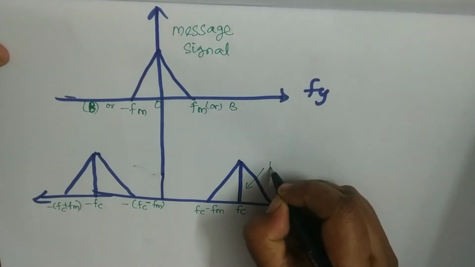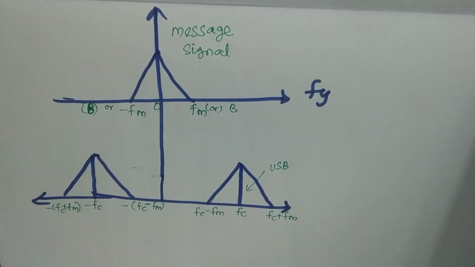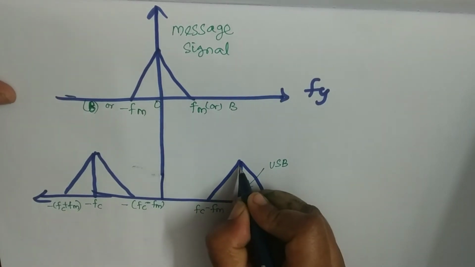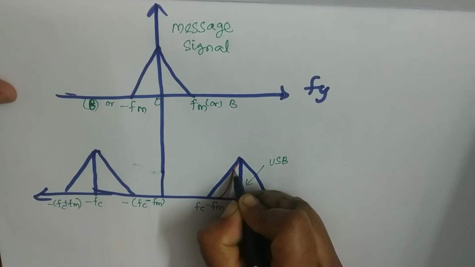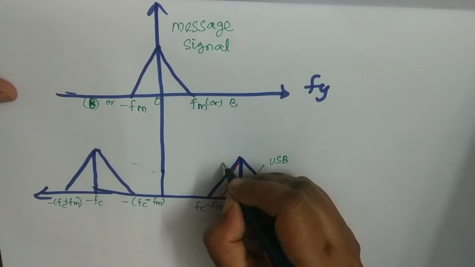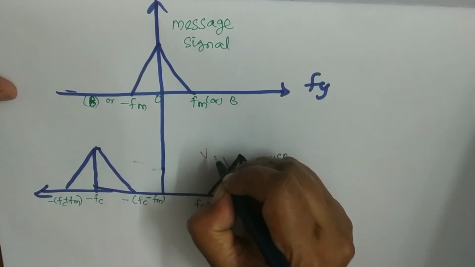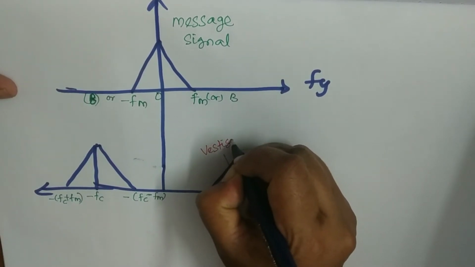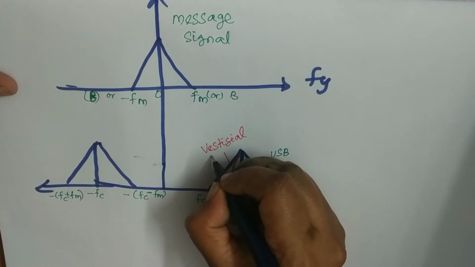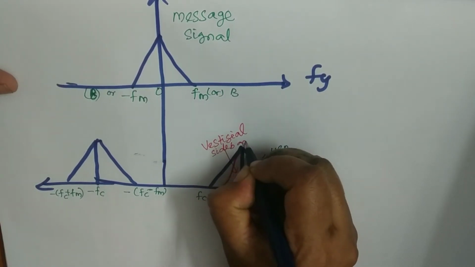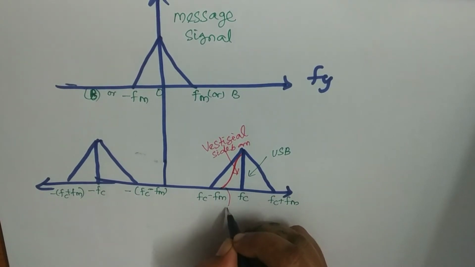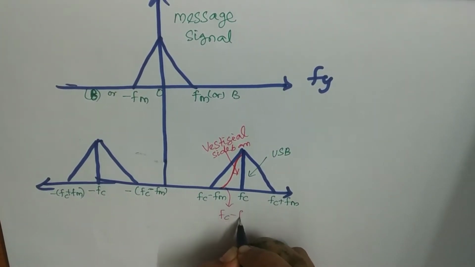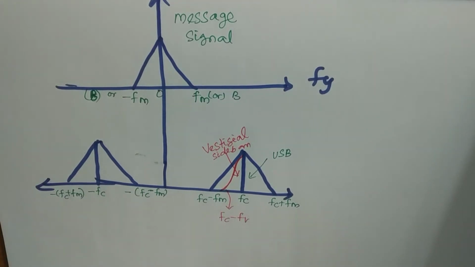This is the upper sideband signal, and this portion is the vestigial sideband. This frequency is Fc minus Fv, where Fv is the vestigial frequency.